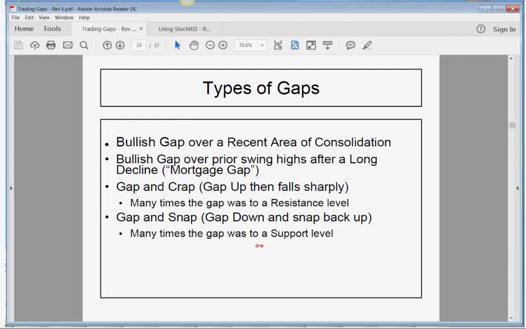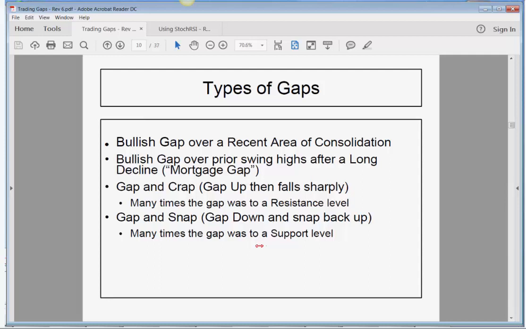Okay, you've got a number of different types of gaps. You've got a bullish gap over an area of recent consolidation. I like those. You have one that gaps over all prior swing highs after a long decline. Some people refer to that as a mortgage gap, as in back up the truck, mortgage the house, and put everything in it.